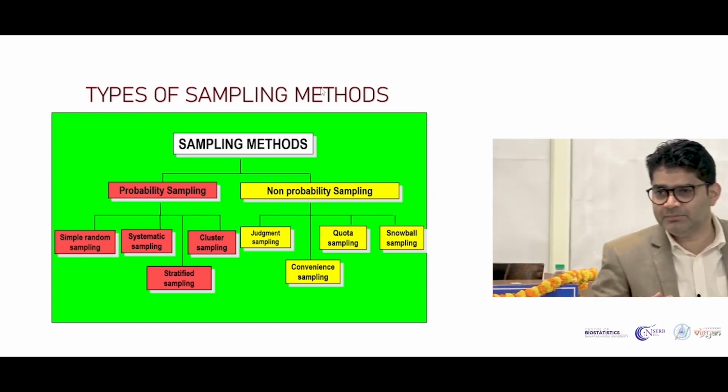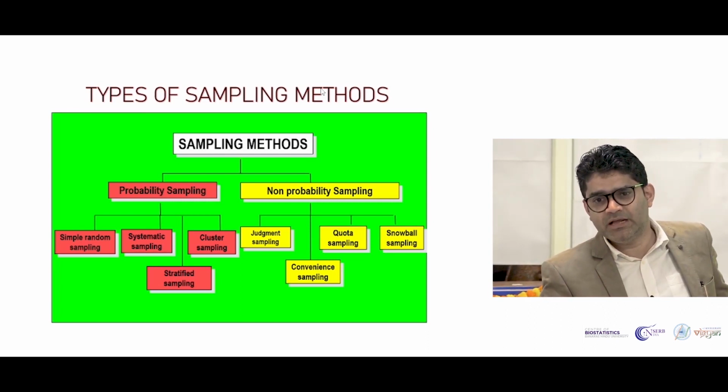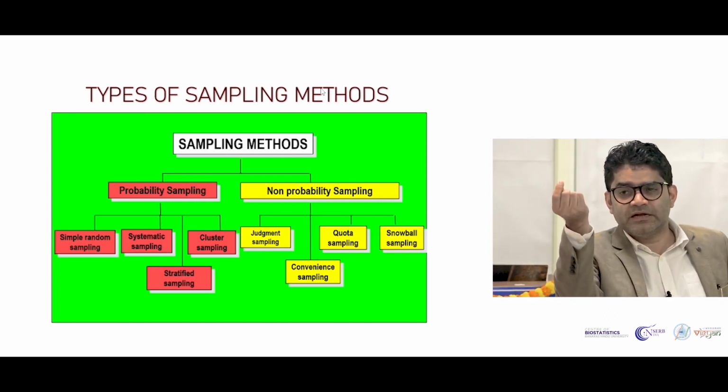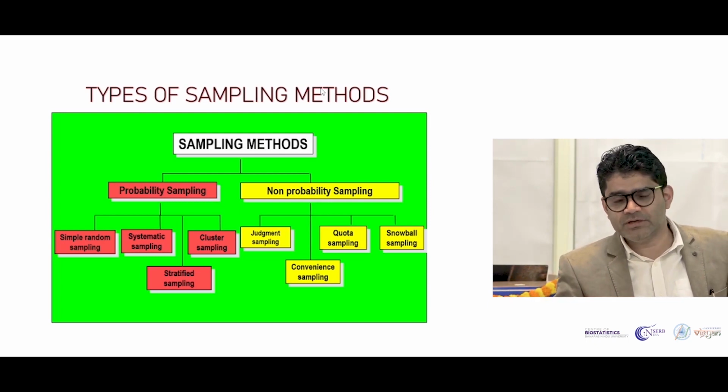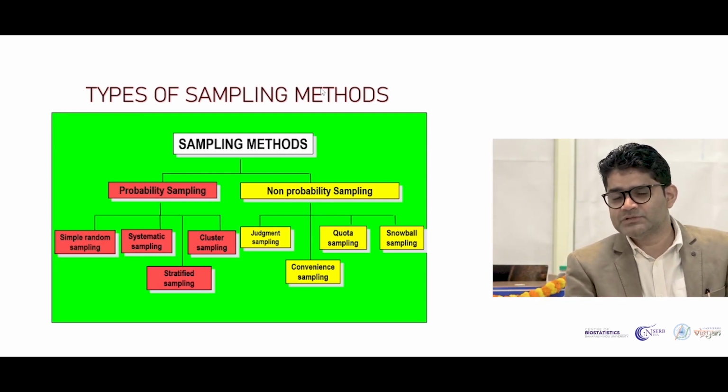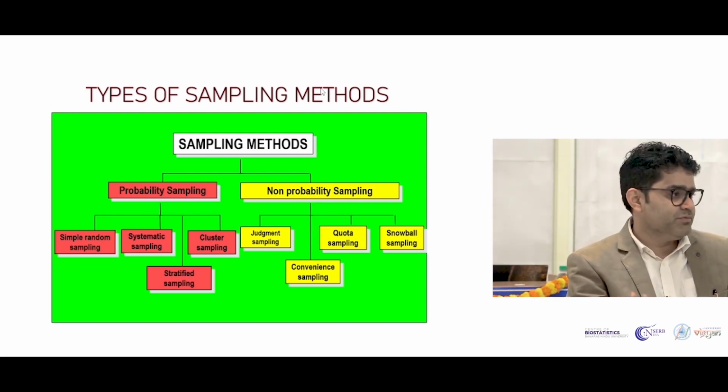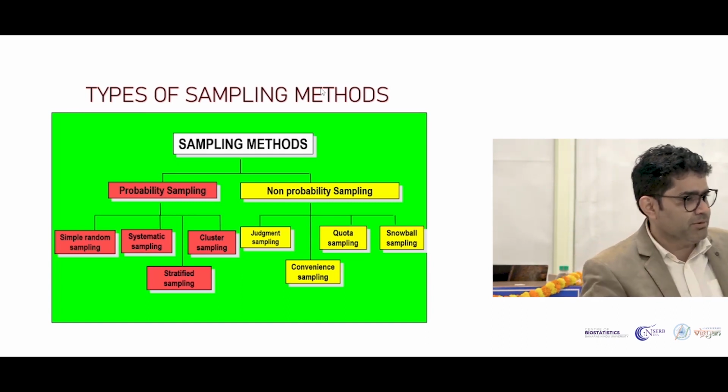It will come, because the extreme population has higher income, the staff has a lower income, and we know that the average is affected by extreme values. So the average which we will be getting will not be the reliable one.